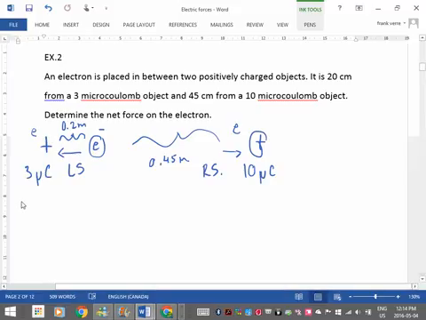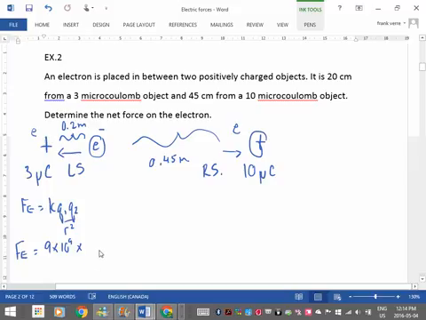So on this side, we can figure out the force of attraction. And we could use that equation again, K, Q1, Q2 over R squared. And we can figure out on the left side, what is the force of attraction? So K is 9 times 10 to the 9. Q1, so one object is 3 microcoulombs.